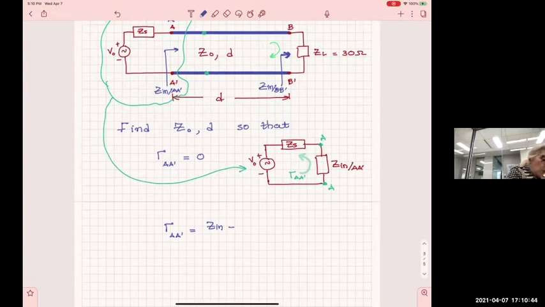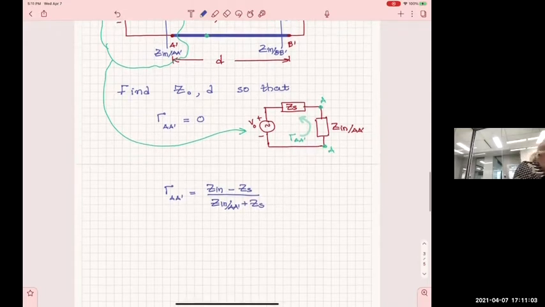So when we get rid of the transmission line, what we are using as a reflection coefficient is this relationship, because we don't see a transmission line anymore to put Z naught. That's all that we see.